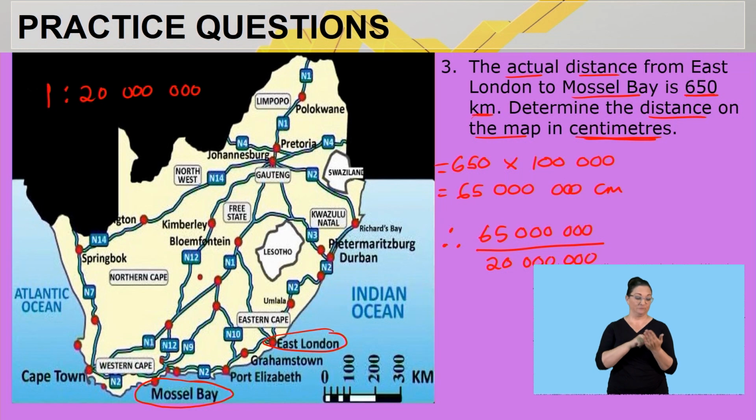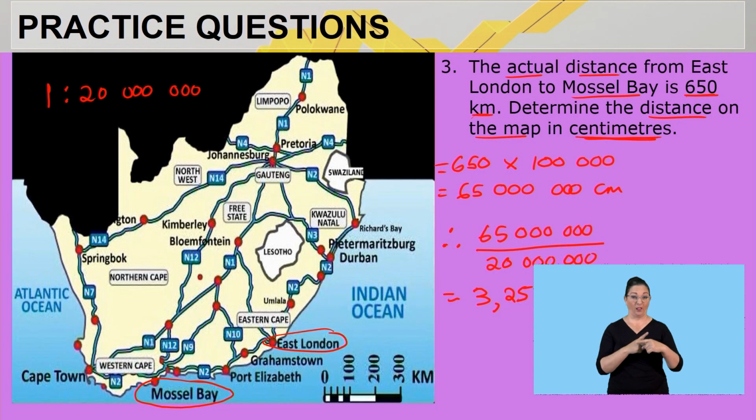All right, let's type that in and see. Make sure that we have the correct amount of zeros there. So if I simplify this, I will get an answer of 3,25 centimeters.